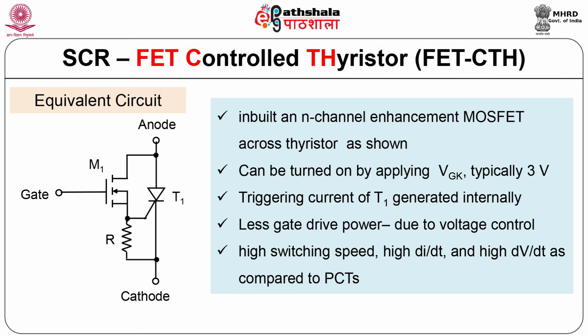Less drive power is required due to the voltage control. It has high switching speeds, high di by dt and dV by dt as compared to phase control thyristors. These are not much used in practice.